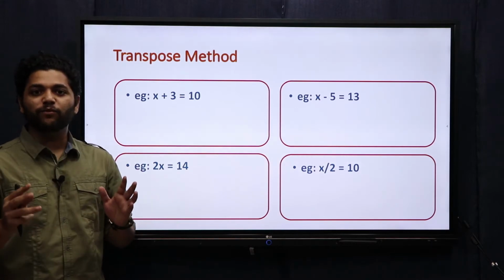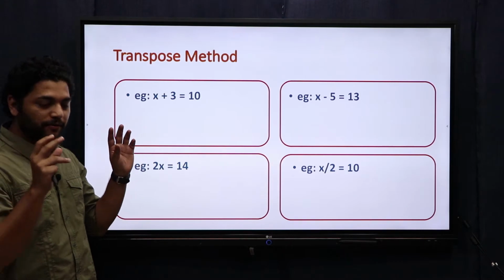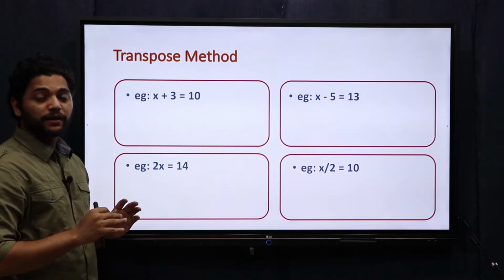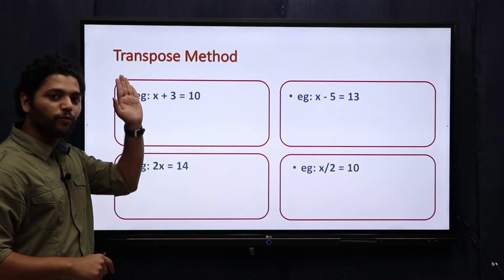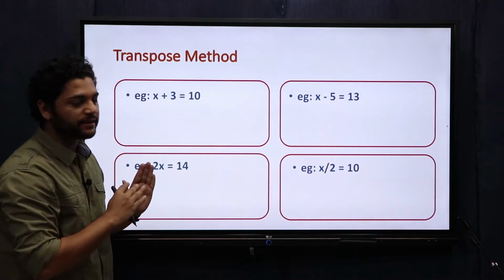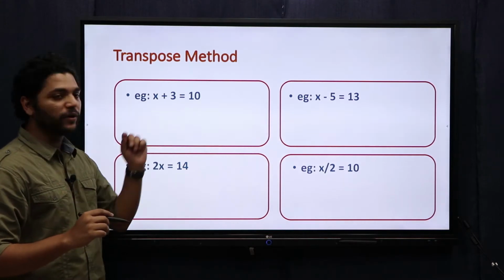Now what do you mean by the word transpose? Transpose means transferred, right? So exactly the same thing we are doing here. Now what is the first requirement? The first requirement is to have the variables on one side and all the other things on the other side, right? Now in the inverse operations method, what did I do in this equation?